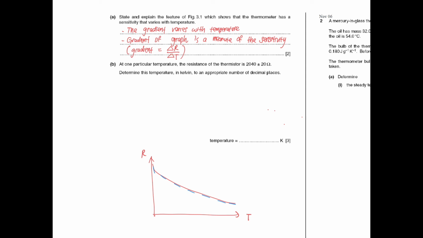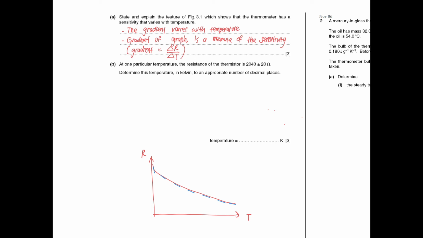Now part B, at one particular temperature, the resistance of the thermistor is 2040 plus minus 20 ohms. Determine this temperature in Kelvin to an appropriate number of decimal places.